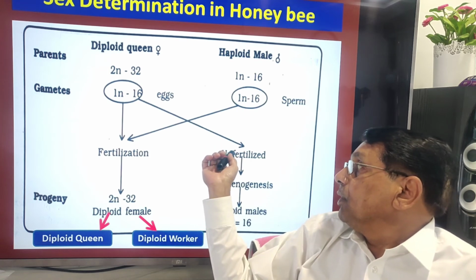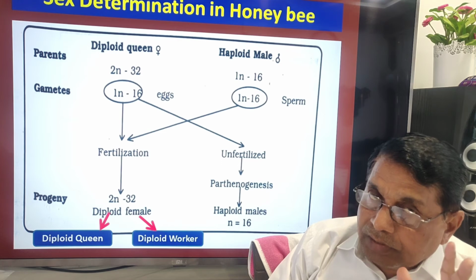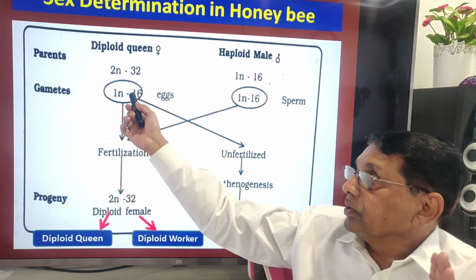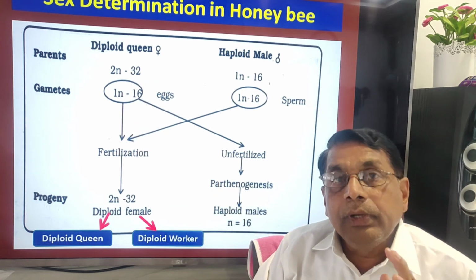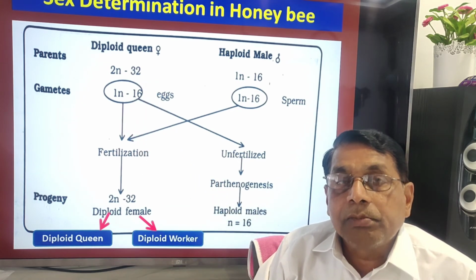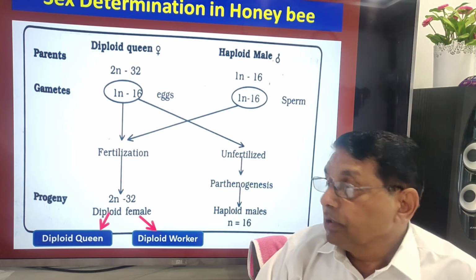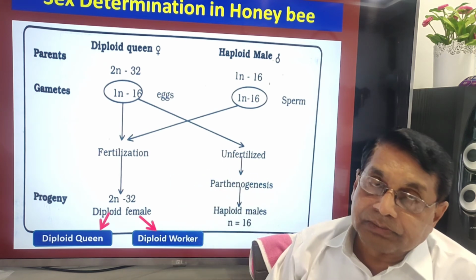These are unfertilized, so therefore 16 chromosomes. These develop into males, male drones. How? Without fertilization, by a process known as parthenogenesis.